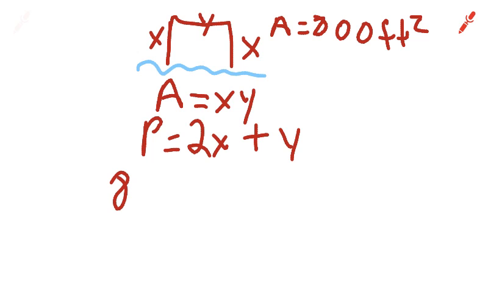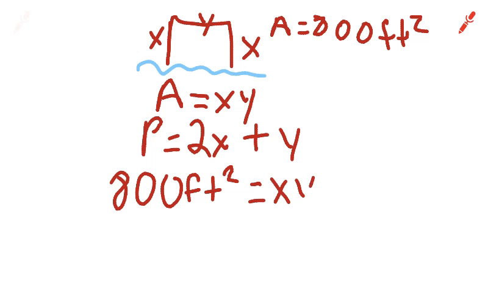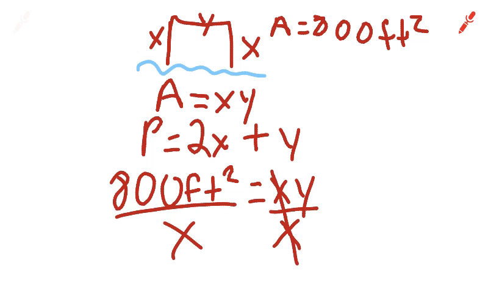So if area equals 800 feet squared, that's xy. So basically we're solving for y. So it's going to be 800 feet squared over x equals y. So now let's carry this over.